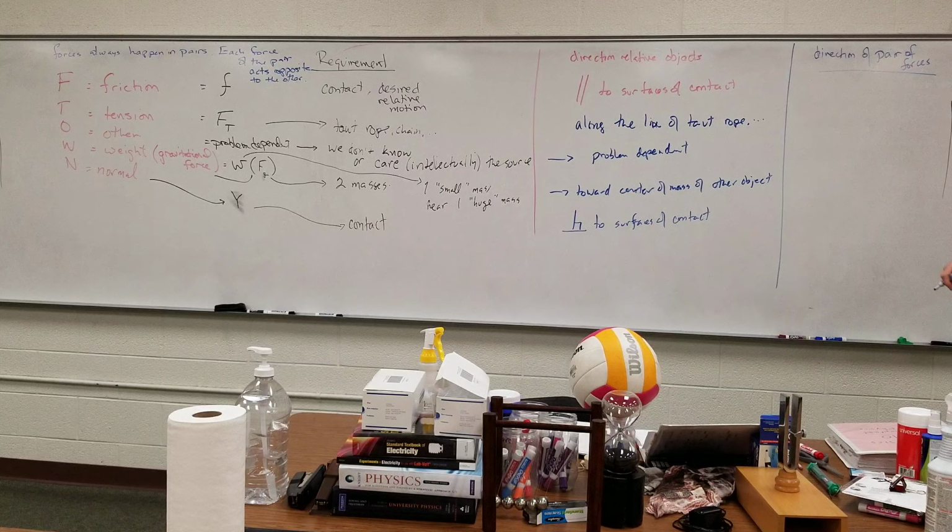So if I'm talking about friction, the pair of friction forces will always be anti-parallel to each other. They're side by side, pointing in opposite directions. Whether it's horizontal or vertical or at some strange angle, they're always anti-parallel to each other. A pair of tensions will always point towards each other.